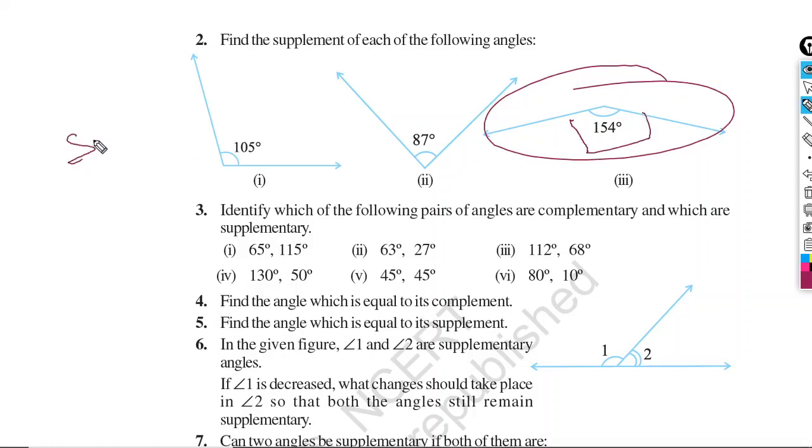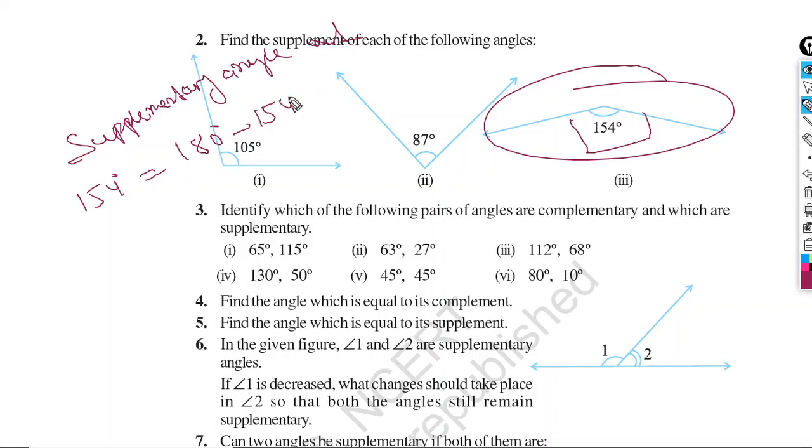We can write the supplementary angle of 154 degrees equal to 180 degrees minus 154 degrees, which will be equal to 26 degrees. Okay, so in this way you can solve this question number 2.